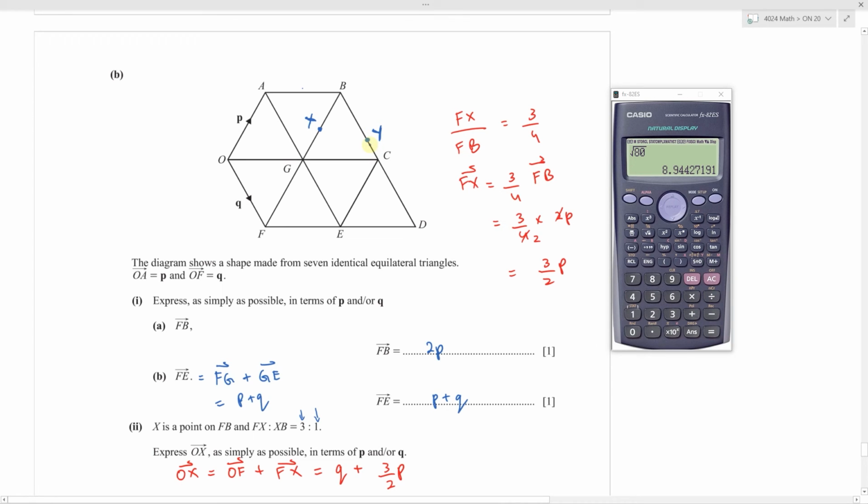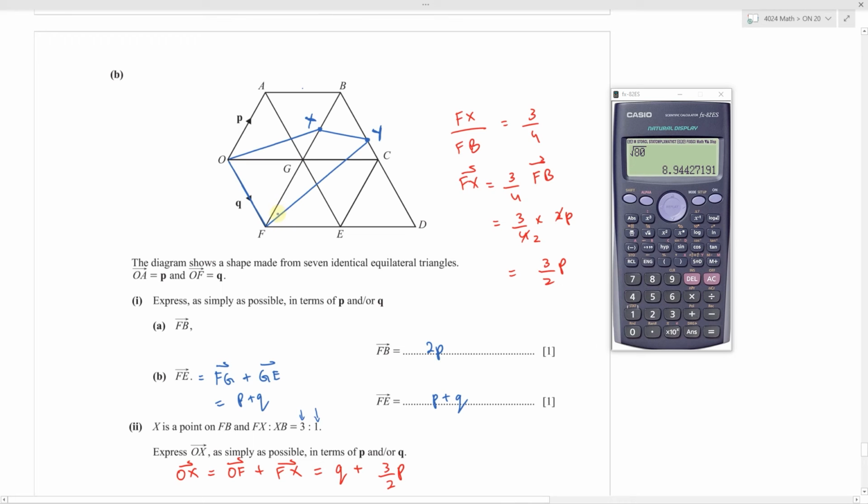So let me draw the quadrilateral OXYF: this line as well, and then this line, and this line here. So this is your quadrilateral OXYF, and you're told that this is a trapezium.